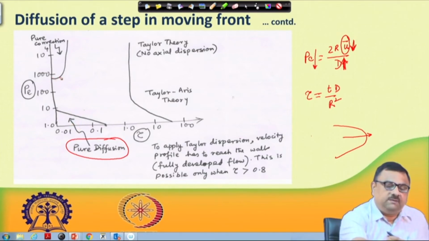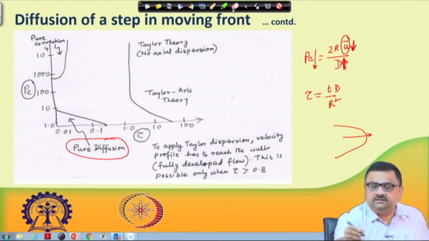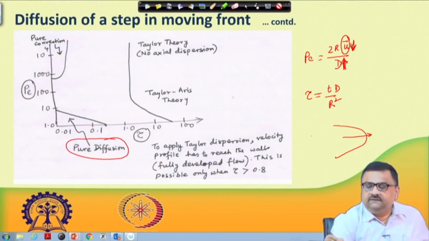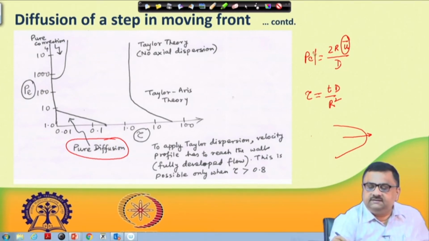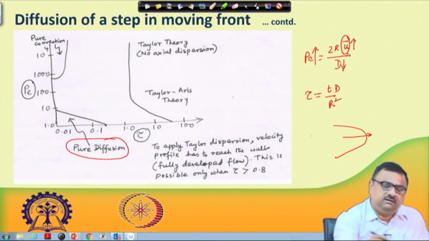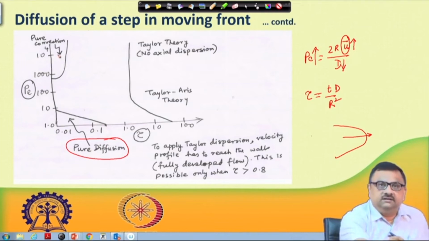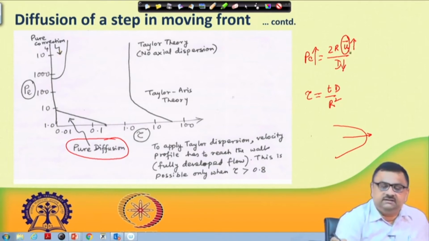On the other hand, when the Peclet number is much larger, beyond 10 to the power 3, beyond 1000, naturally it gets reversed. We can then say that the Peclet number is large, which means U bar is large and D is small. So, the diffusion is small, whereas convection is large.